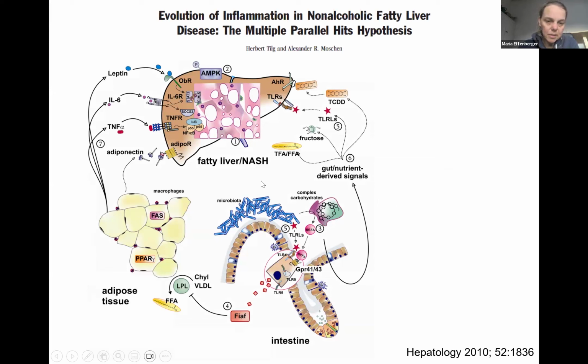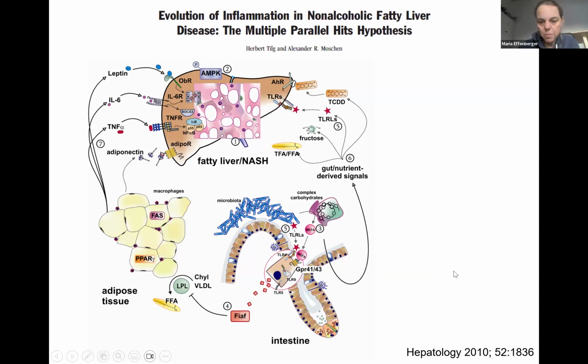And it lies in the composition of the gut microbiota, how, as you can see here, the gut barrier works or doesn't work. So if you have a leaky gut or if you don't have it. And it works by receptors like toll-like receptor 4 or GPR41, and it sends mostly metabolites like VLDL and gut nutrient-derived signals like free fatty acids or fructose into the liver and into the adipose tissue, changing cytokines and chemokines and therefore interacting with the liver.